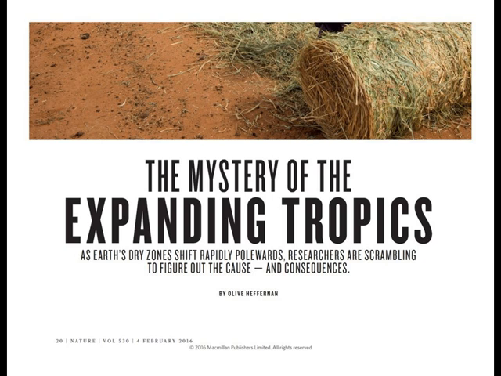The next year, a paper came out in Nature that summed up the attitude well: the mystery of the expanding tropics. It mentioned the meeting, and quoted Dian Seidel saying, "We're at a stage where we recognize the problem is more complex than we originally thought. I think originally we were more confident that this was a result of anthropogenic forcings than we are now."